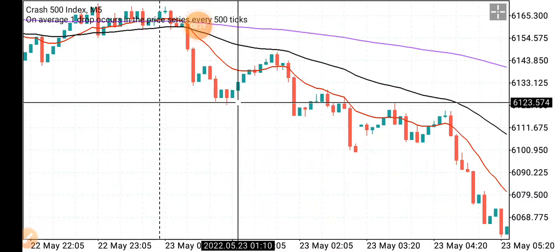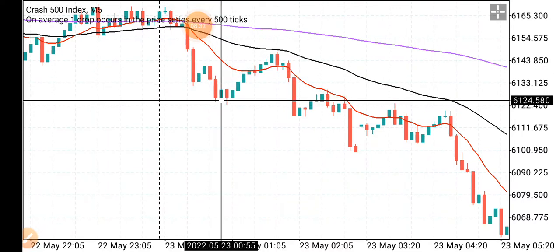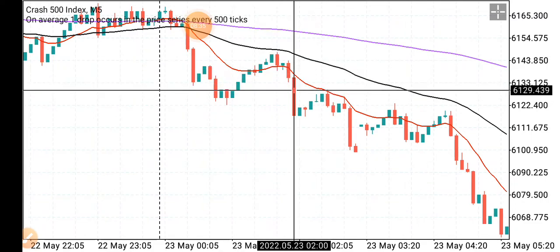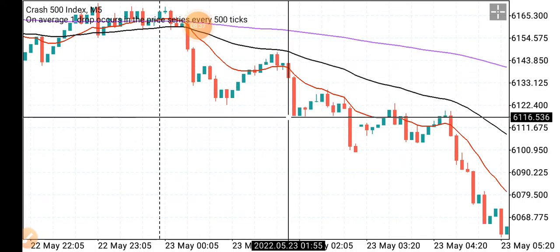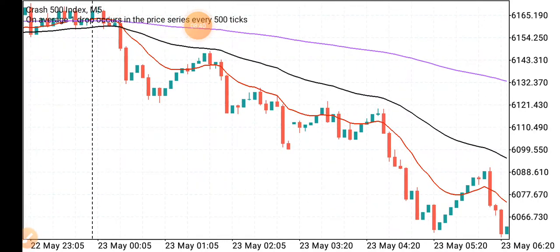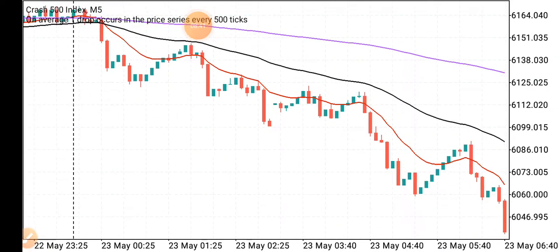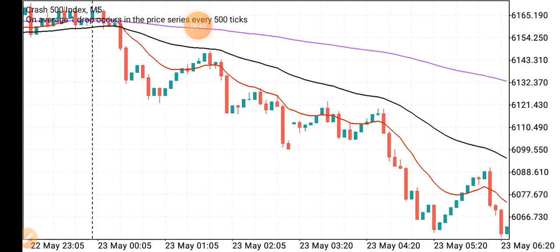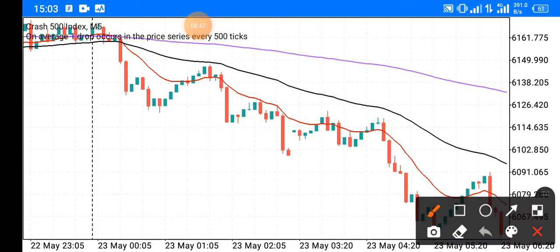The first TP will obviously be right here, where we have this support. This is our first entry. Then we've got another pullback right here, where the candlesticks pulled back to the 13 EMA.